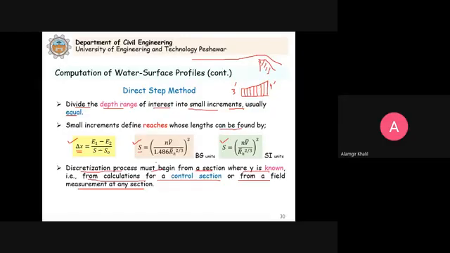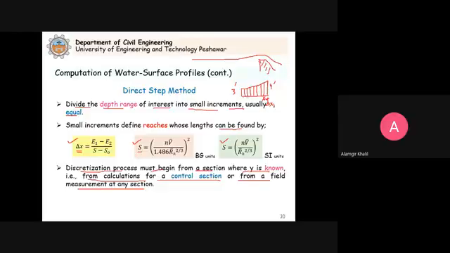So we divide this into delta x1, delta x2, delta x3, delta x4, up to delta xn. And then this delta x will be the summation of all the delta x's from i equal to 1 to n.